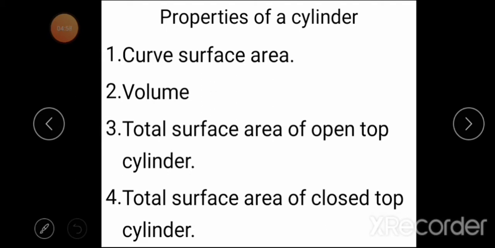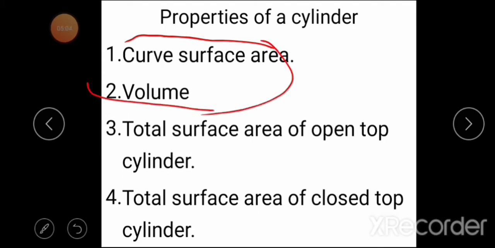For the first two properties, the curved surface area and the volume of a cylinder, the formulas are the same for both the open top cylinder and the closed end cylinder.